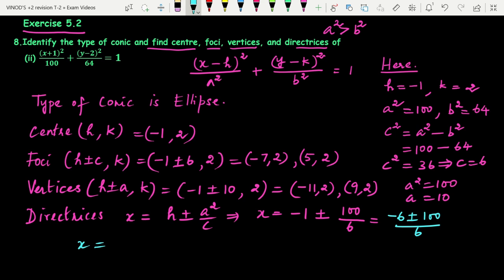Therefore, the equations of the two directrices are: minus 6 minus 100 is minus 106, divided by 6. That we can write as x is equal to, after cancelling, minus 53 by 3.